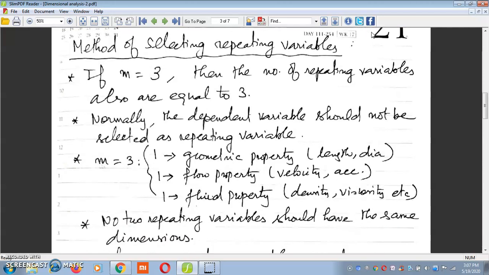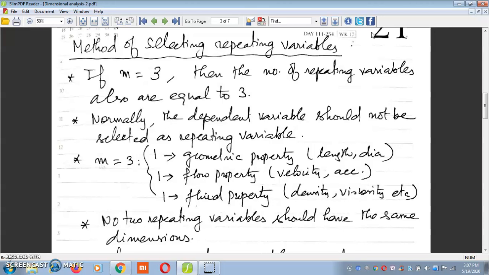Now among these three repeating variables, one should be a geometric property, one should be a flow property, and one should be a fluid property. Examples of geometric properties are length and diameter. Examples of flow properties are velocity, acceleration, angular velocity, angular acceleration, etc. And examples of fluid properties are density, viscosity, surface tension, etc.